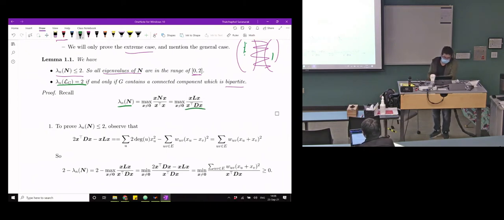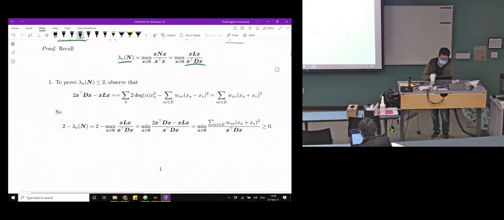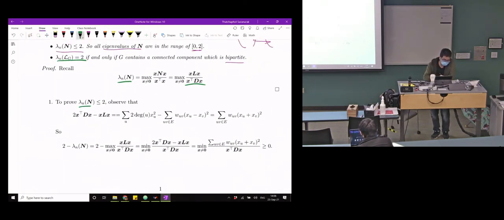And now we see how to prove that lambda n is at most 2. Well, I will prove that this thing is at least 0.